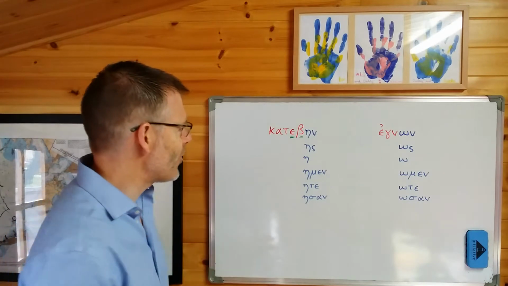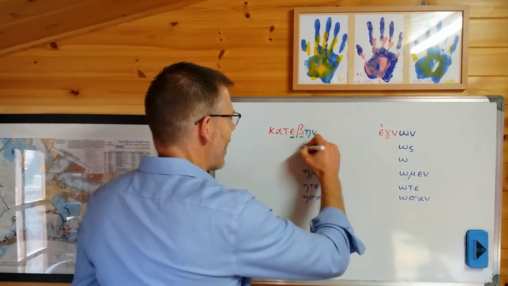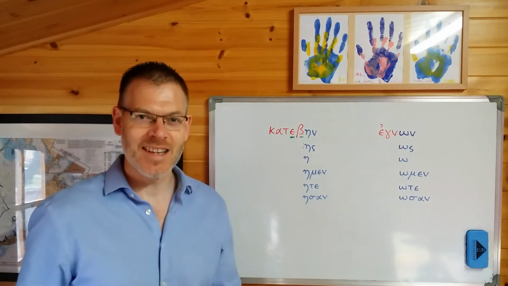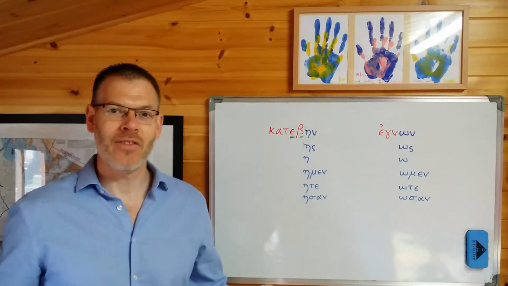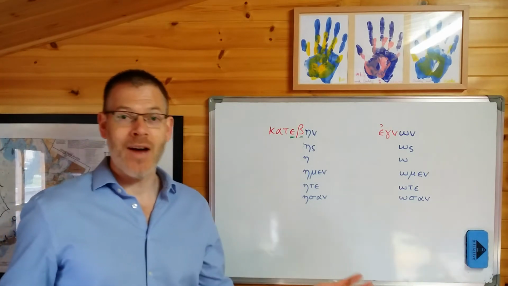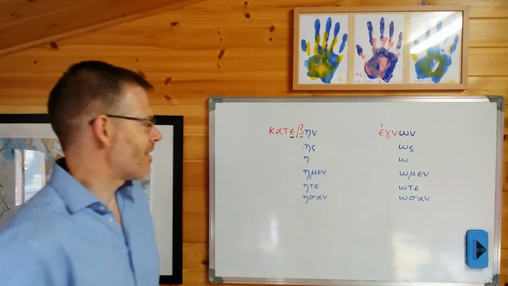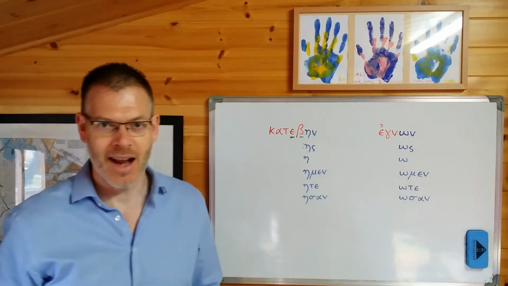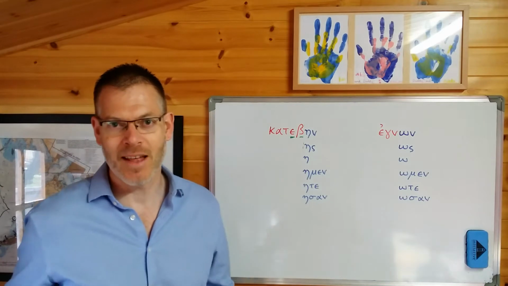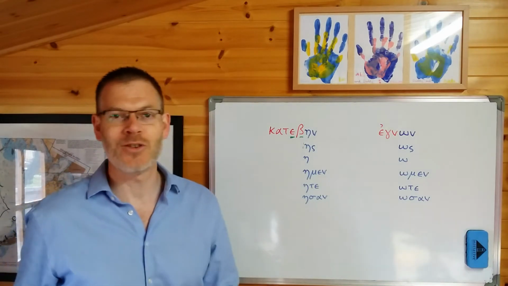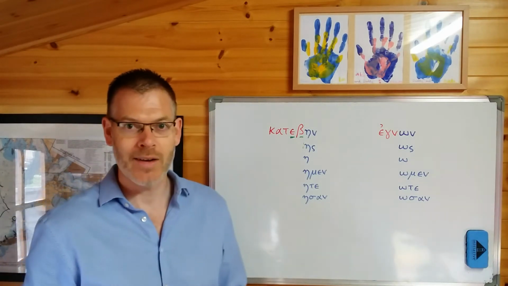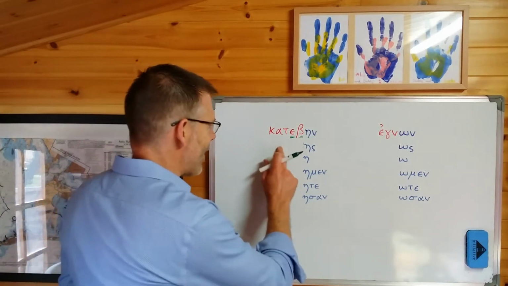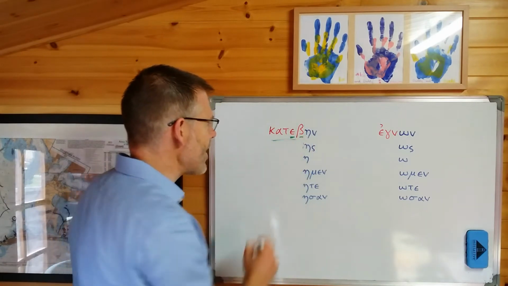However, I prefer to identify the vowel as part of the ending because that allows you more consistently to articulate what the endings are throughout the conjugation of a verb. Otherwise, because in lots of verb conjugations that vowel changes, and if you think that's part of the stem, you're going to have to be telling yourself the stem changes the whole time, and that seems to defeat the point of distinguishing the stem from the ending. So I think this is a more helpful way of doing it. I'm not the only one to think that. Anyway, that aside, with katabino it does sensible things, the beta remains.